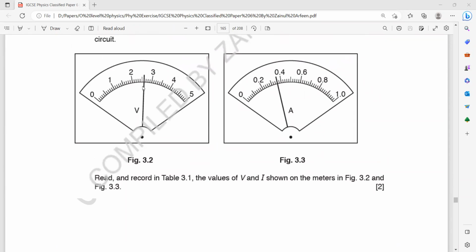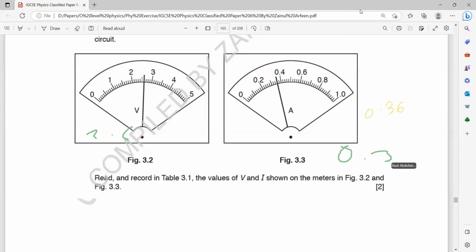So what is the voltage here? What is the voltage value? 2.6. And what is the current value here? The current is 0.36.